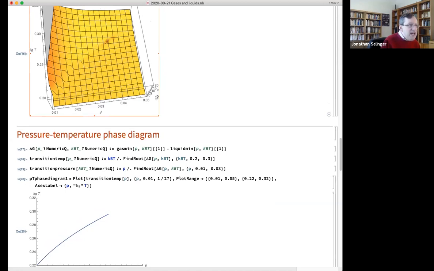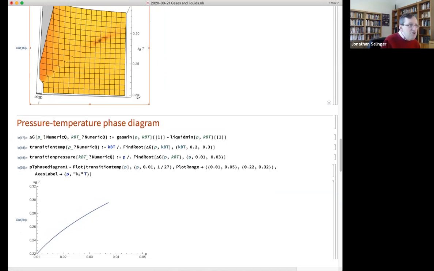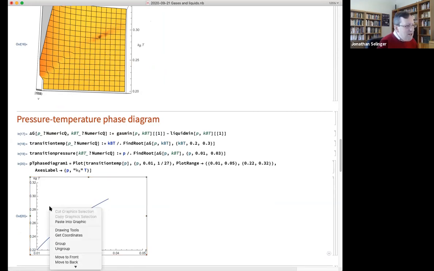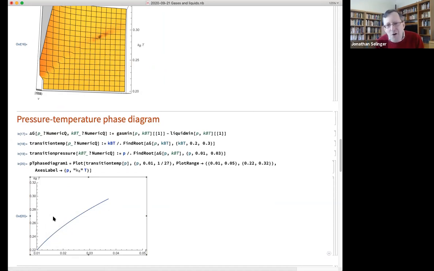That is the gas. So I should label this region as gas. Can I actually type on it? I don't have a good way to type on it. This region is gas right there, for high temperature, low pressure. And you know that, right? You know that gases form at high temperature and low pressure.